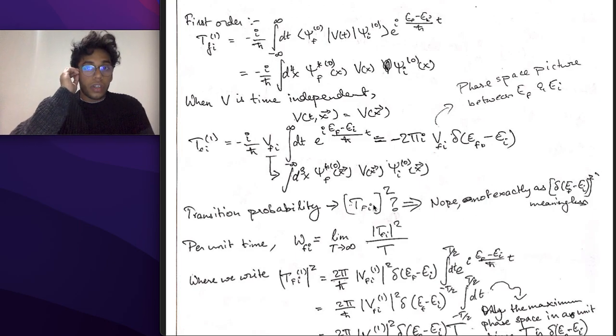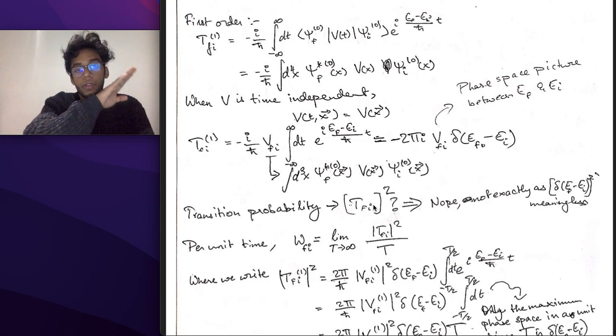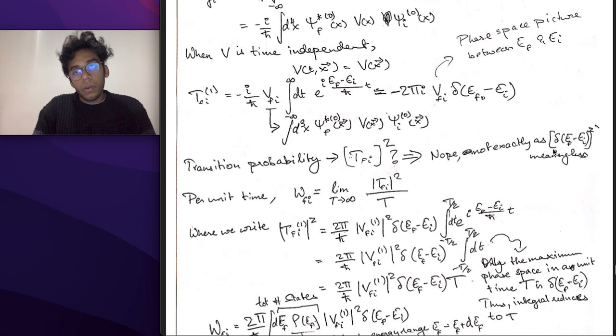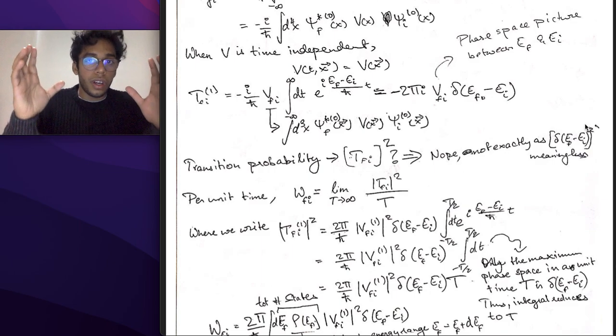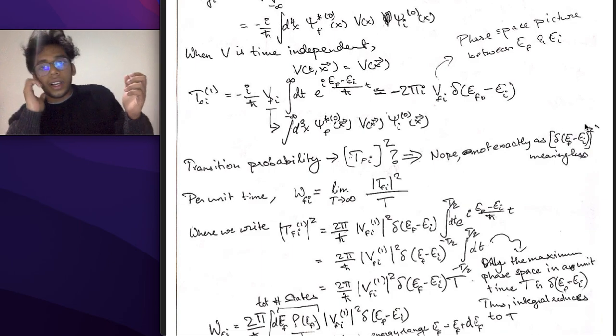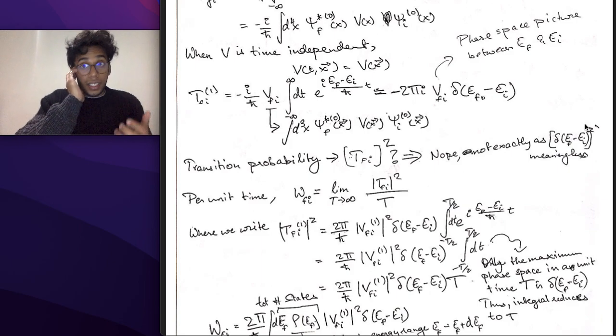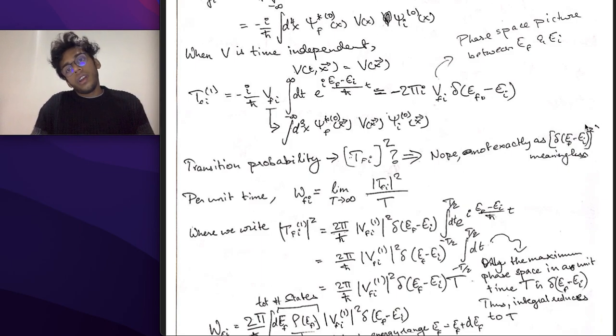You square it, you get your transition probability, the probability of a state going from I to F. So now the problem with this is you have delta of EF minus EI, the whole square, which is a meaningless term, right? Why is it a meaningless term? It is because you're taking two deltas with the same difference.